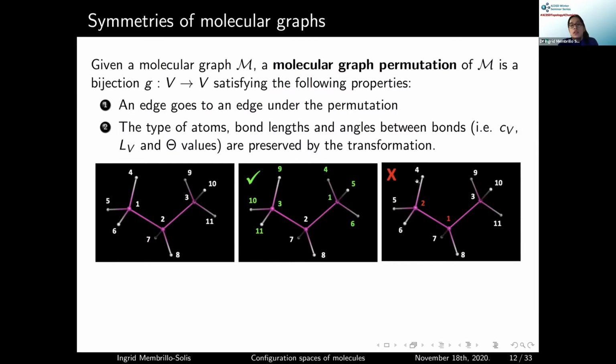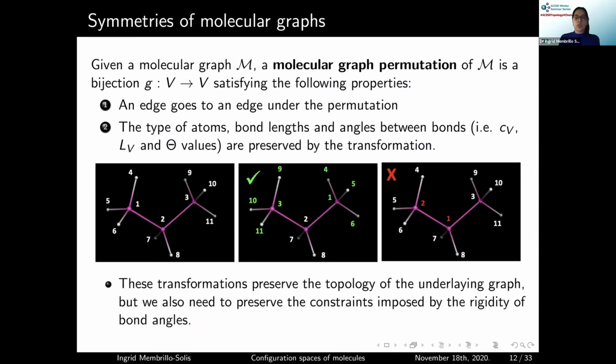What is not a molecular graph permutation is this other one, because in this case, for the original, our initial atom labeled with number 2 was adjacent to the vertices 1, 3, 8, and 7, whereas in this new conformation, 2 is adjacent to 4, 5, 6, and 1. So this is not a molecular graph permutation.